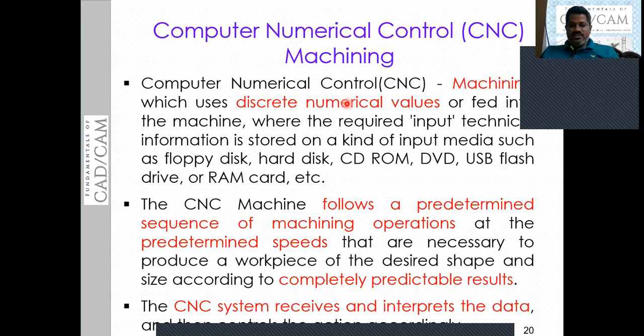The CNC machine follows the predetermined sequence of machining operations at predetermined speeds.